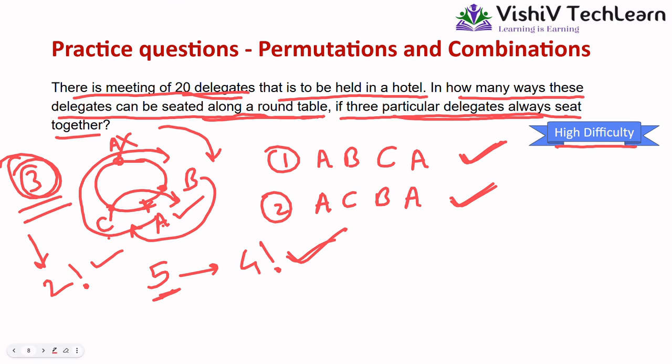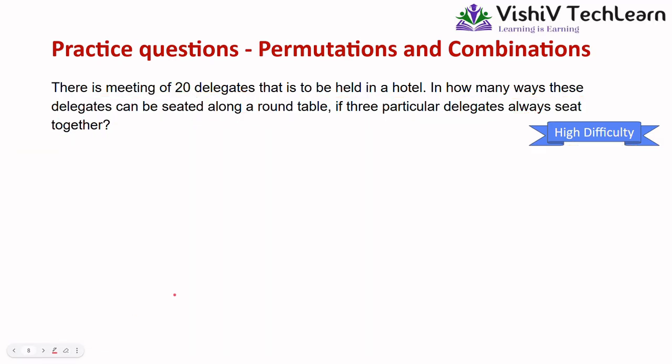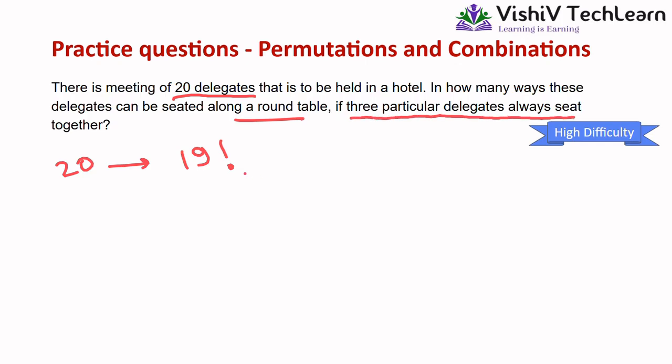Now let me erase this first so that we will have space to solve the question. In our example, 20 delegates are sitting at a round table, and these can be accommodated in 19 factorial ways. Got it? And one more condition is there, that three particular delegates always sit together.